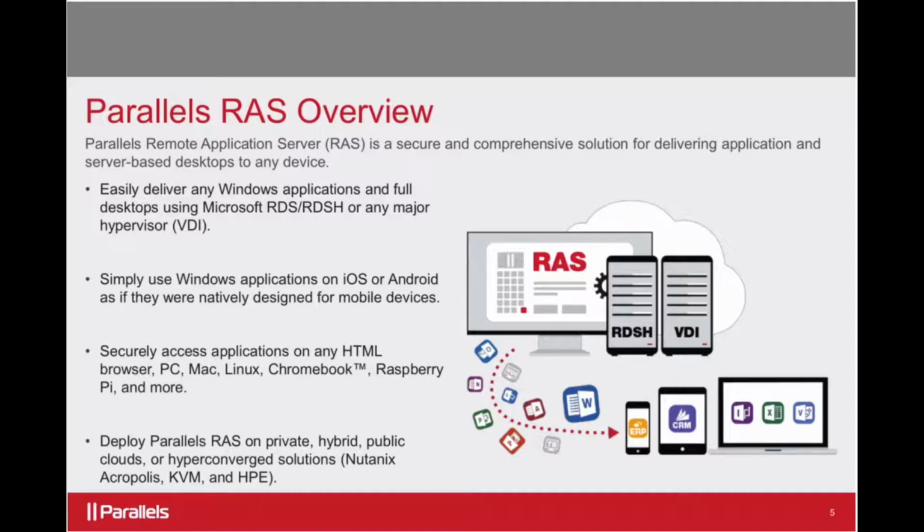And we can run on your existing server infrastructure, which might be running Nutanix, HPE, Dell, or even other vendors. But if you're moving more and more to cloud, like Office 365, Azure, AWS, or even Google Cloud, our technology can also be deployed on that framework. So we have very easy and flexible ways to deploy Remote Application Server.